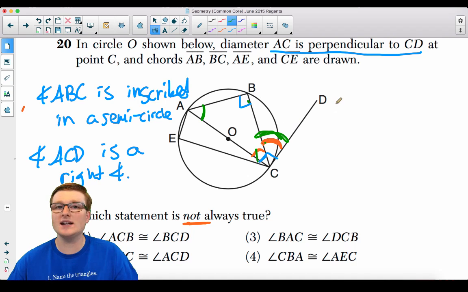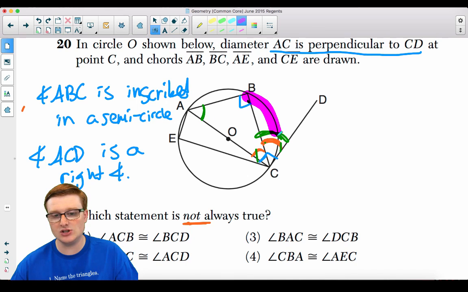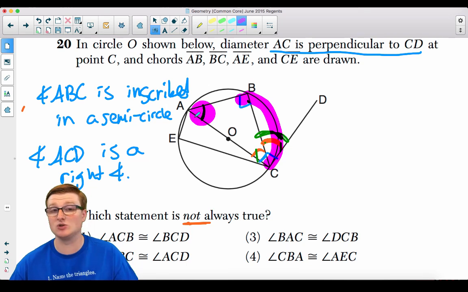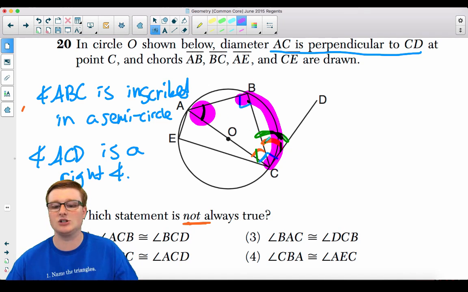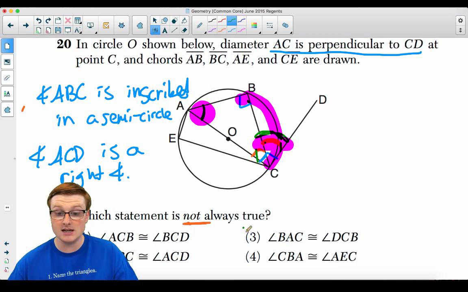When you have a chord and a tangent intersecting at a point, it is 1/2 the arc it intercepts. So if you have two angles that intercept the same arc, they are congruent, because this angle over here is inscribed, so it's 1/2 the arc it intercepts, and this angle over here is 1/2 the arc it intercepts. So therefore, choice 3 is always true.